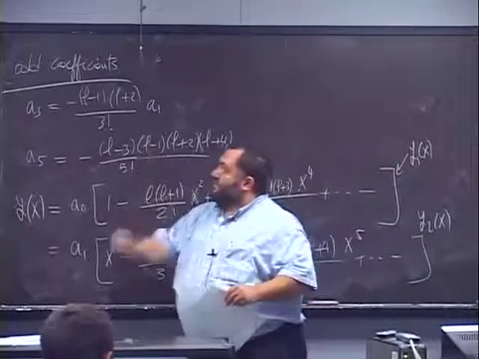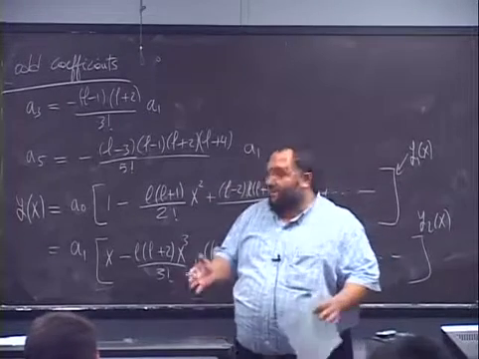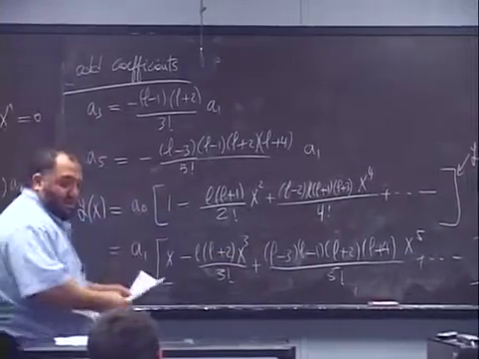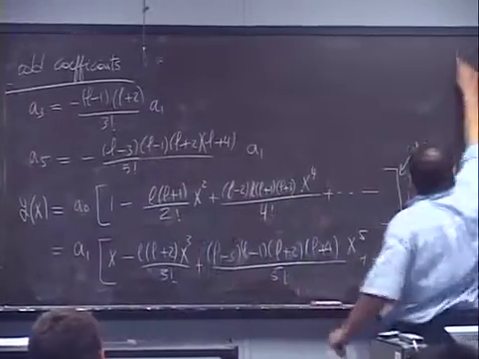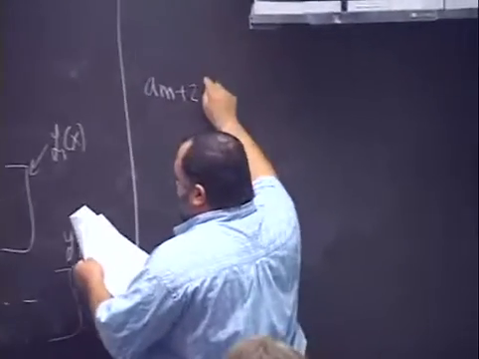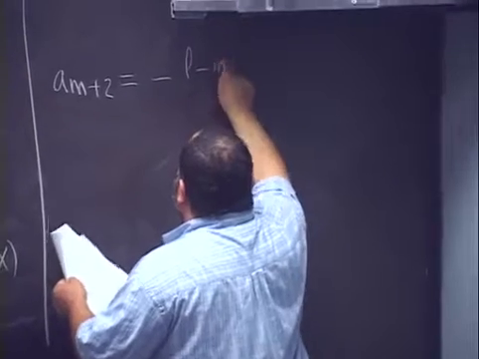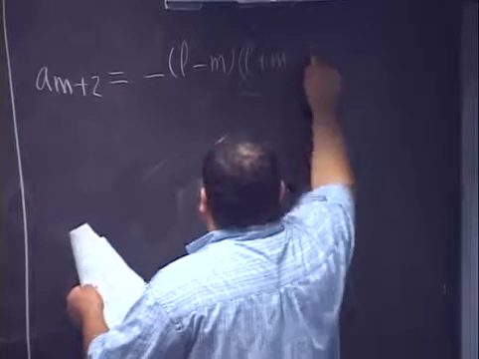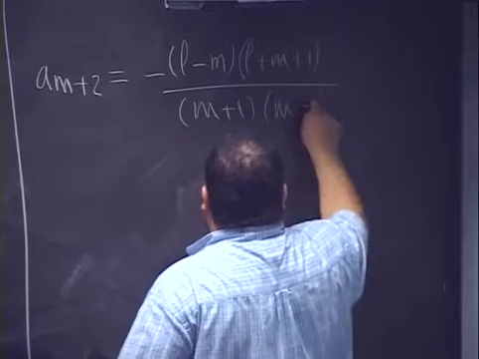Now, L here, we knew that L is what? Any number. Yes, any number. But what if L is just an integer? So the relation that I just erased, which is A(m+2) equals negative L minus m multiplied by L plus m plus 1 divided by m plus 1 multiplied by m plus 2.